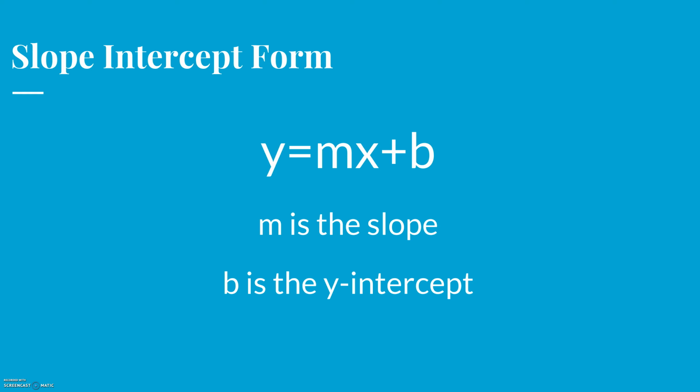If you were given 2 points and asked to find the slope, you would subtract your y values and subtract your x values and divide the change in y by the change in x. Your y-intercept, that b value, is simply where the line goes through the y-axis.